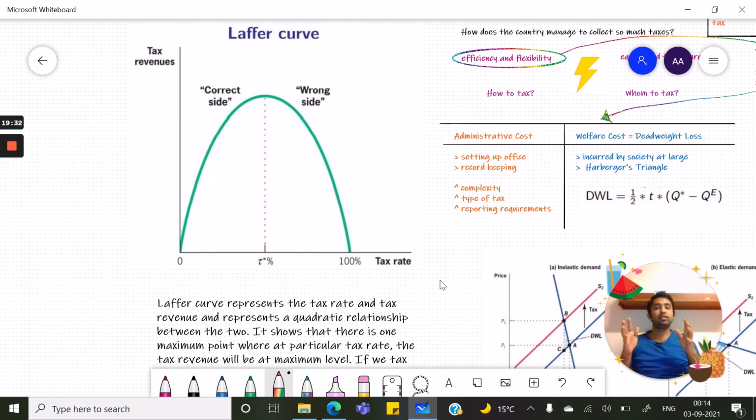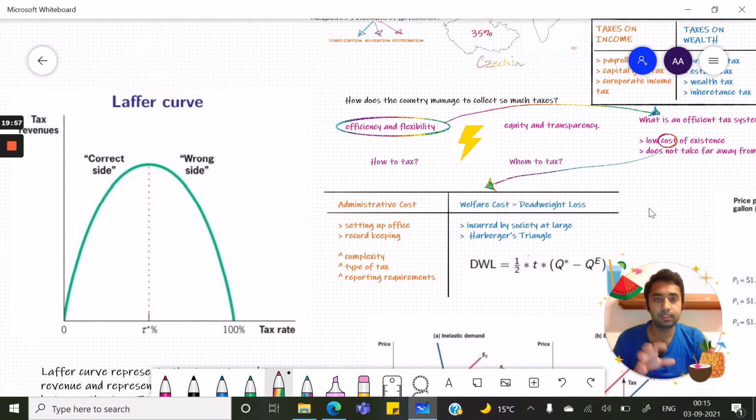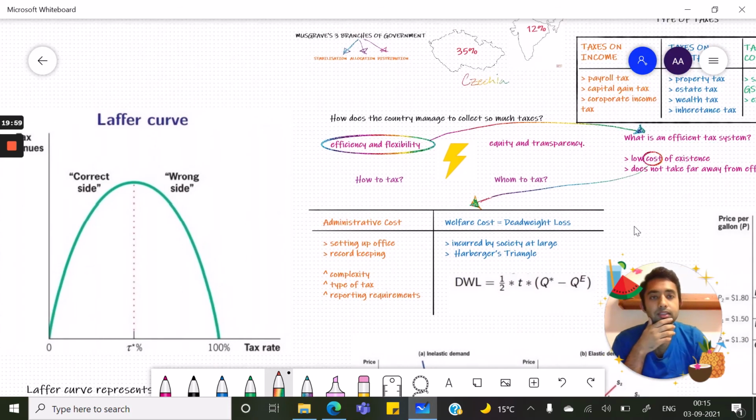So the Laffer curve tells us the correct side of the tax rate and the wrong side of the tax rate, and in between is an optimal tax rate which the administration should not exceed. Right. So this is something interesting to see and to follow. Right. So this is all from my side in this efficiency and flexibility of taxation system.